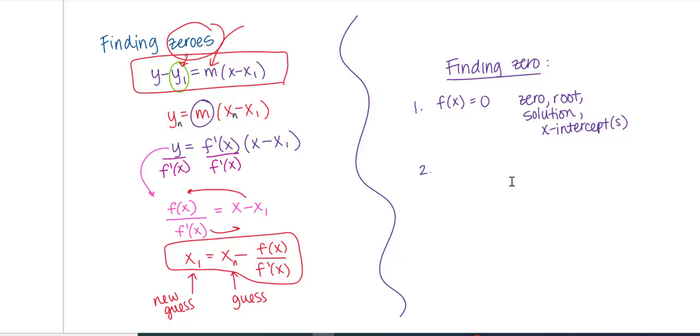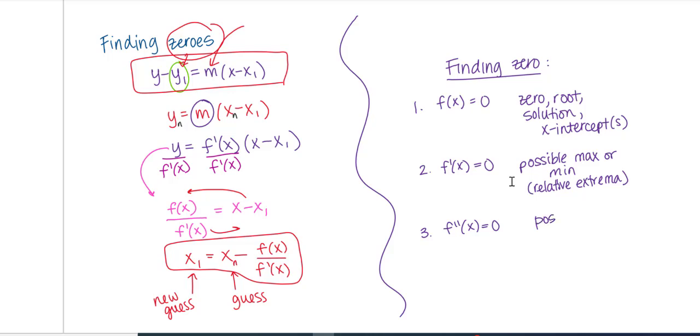But what am I getting if I'm setting the first derivative equal to 0? Oh, now I'm getting possible max or min, and I'll call that relative extrema. Or what if I wanted to find a 0 of the second derivative? Now I'm finding a possible point of inflection, right, or a change in concavity.